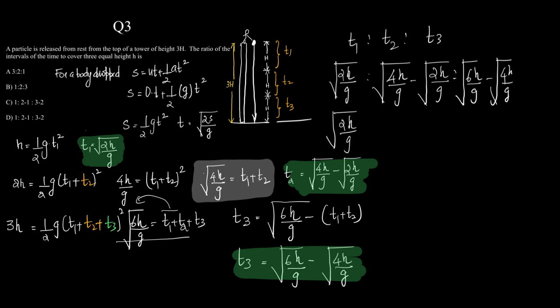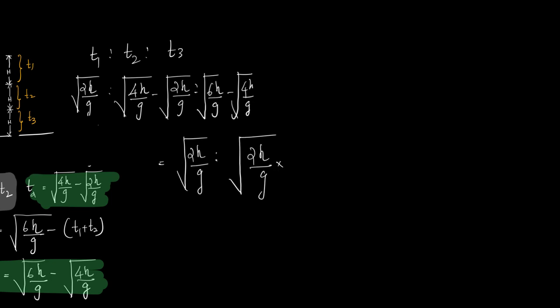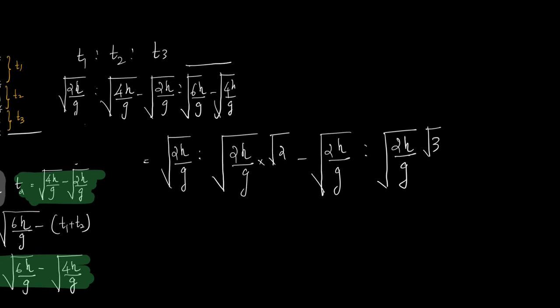So this will be equal to root of 2h by g is to, now what I'll write here is root of 2h by g into root 2, minus root of 2h by g is to, now moving to the third part, I write root of 6h by g as root of 2h by g into root 3, minus root of 4h by g, I'll write it as root of 2h by g into root 2.